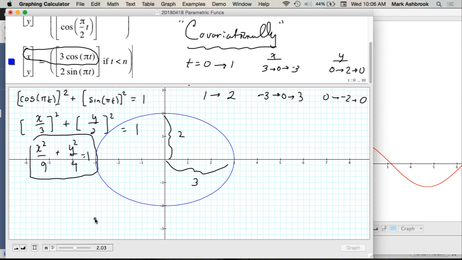Right. But the parametric function gives you the direction that it's being generated. Right. And also there's a starting point for t equals 0. Where t equals 0 is here, right? So t equals 0 is here, and it's generated in what direction? This one's counterclockwise, right?